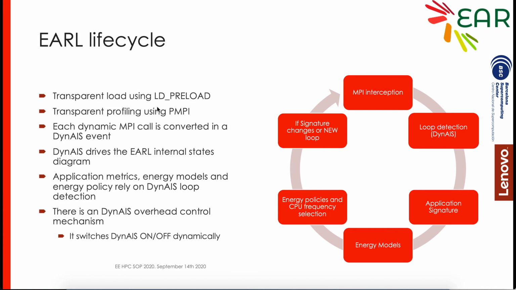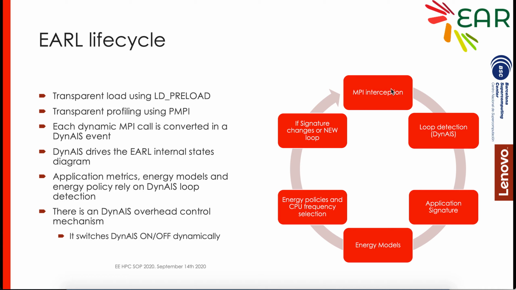The EARL library is potentially compatible with other profiling libraries using the same approach, since we identify the list of symbols that need to be called after the EARL library.